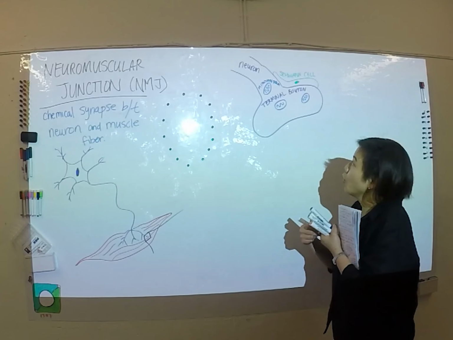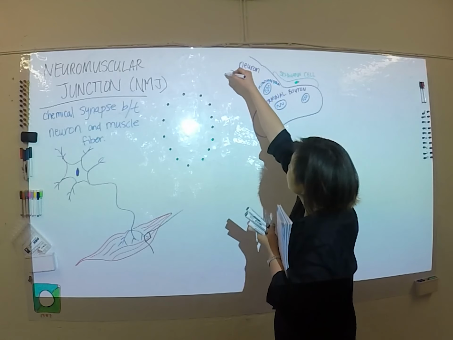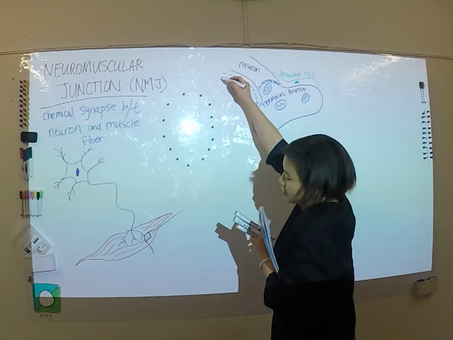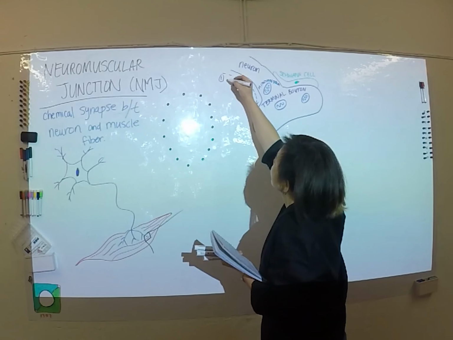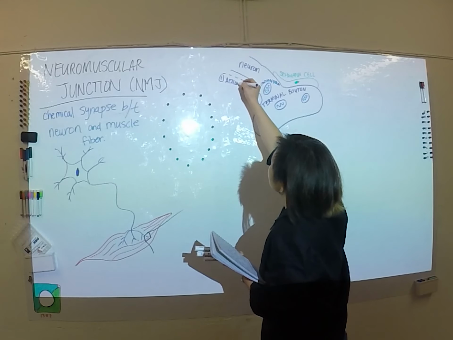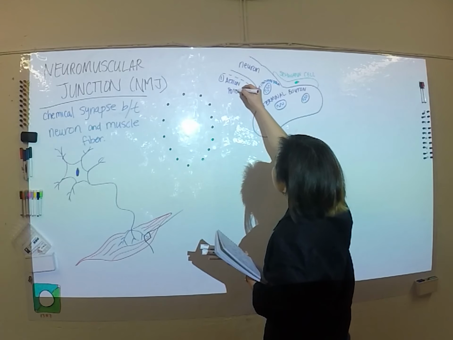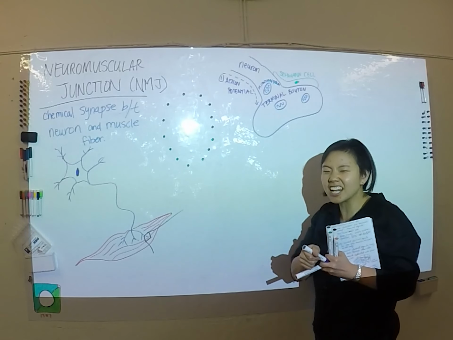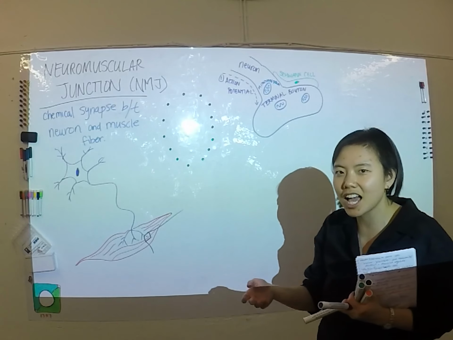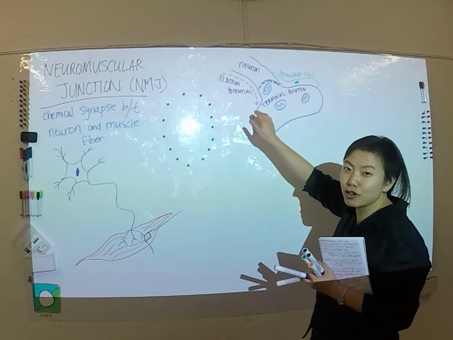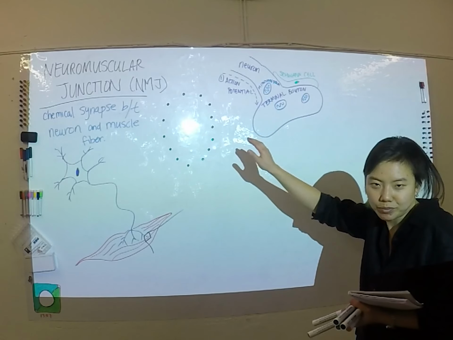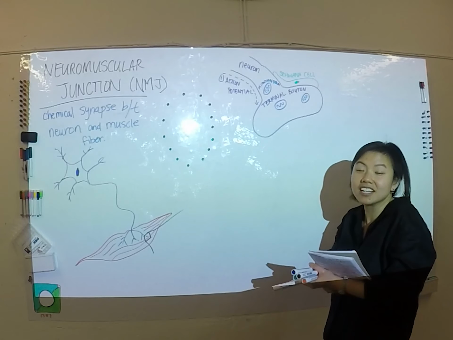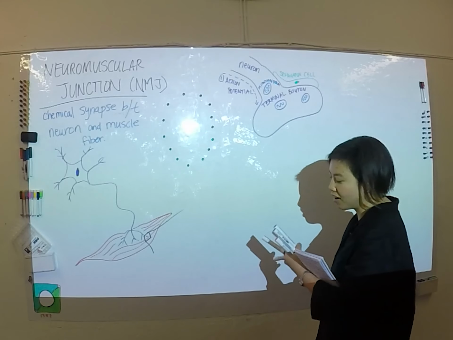Okay, so when an action potential arrives, step one is an action potential. What happened at the synapse in general? Remember when we talked about the synapse? What happens when an action potential first arrives? What does it do? Okay, so it triggers some voltage-gated calcium channels to open.